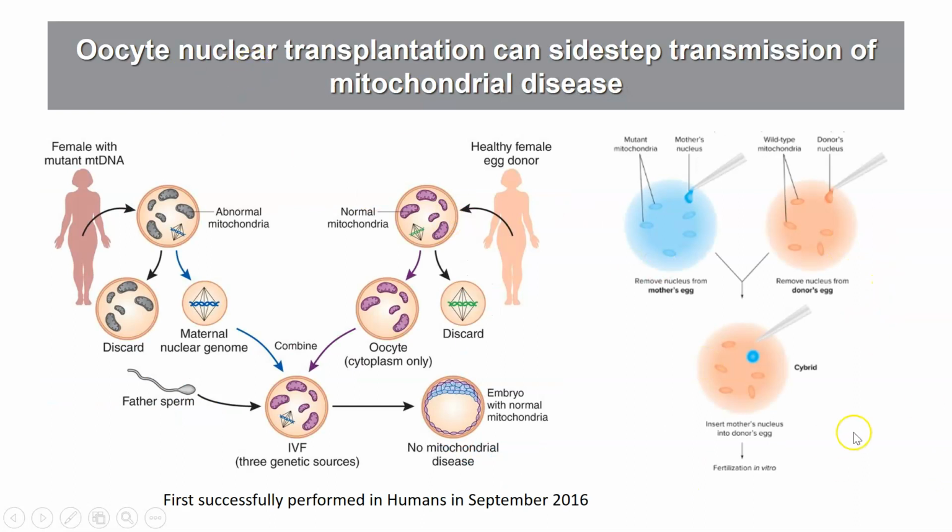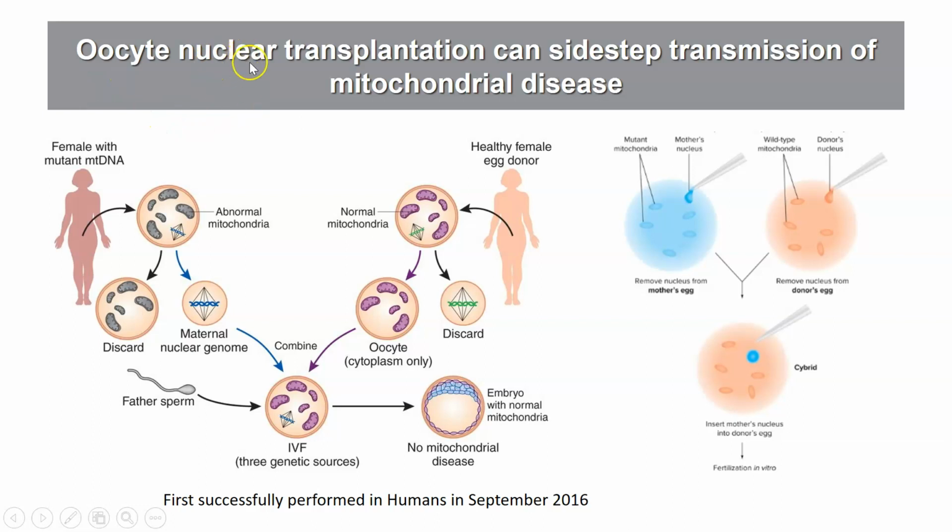Now, recently a technique was developed to allow mothers that have a known mitochondrial disorder to have children that don't have this disorder. Typically, mothers will pass on their mutant mitochondria to their offspring.